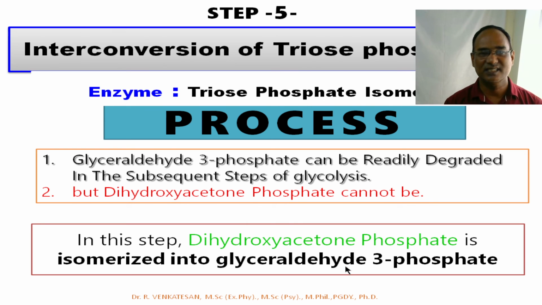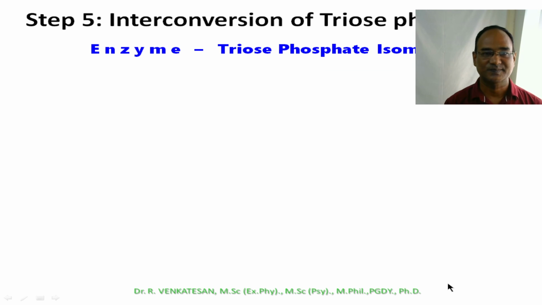This is the energy investment phase. So the energy investment phase, the fifth phase, is over. Now the glycolytic process is getting ready for the energy releasing phase, where you can get ATP, GTP, and NADH, and water is also released at the end of the 10th stage.